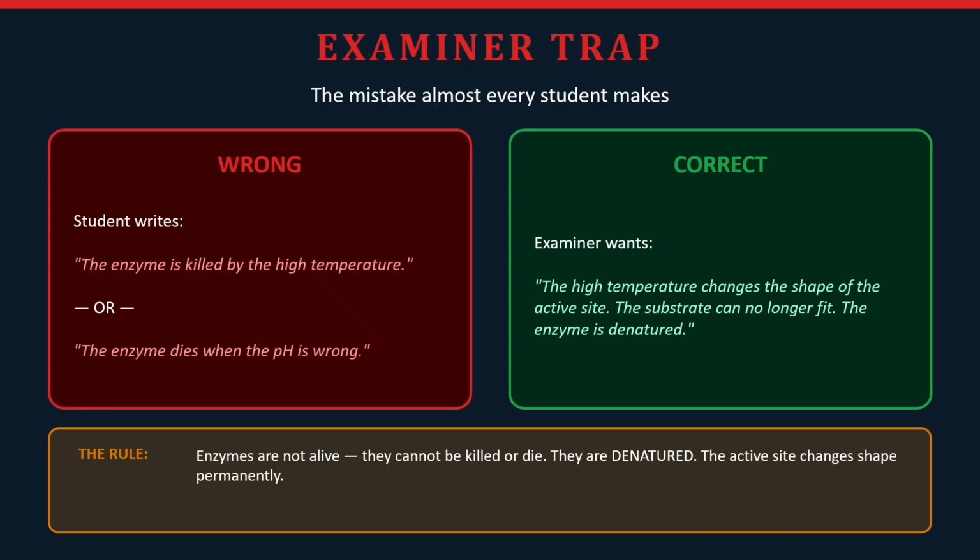And enzymes perform their function at the optimum temperature and pH conditions. If the temperature gets too high or there is an extreme pH, enzyme functioning will be disturbed, will be stopped, and we call it that the enzyme is denatured, not killed. So write this down and note this term, denatured.